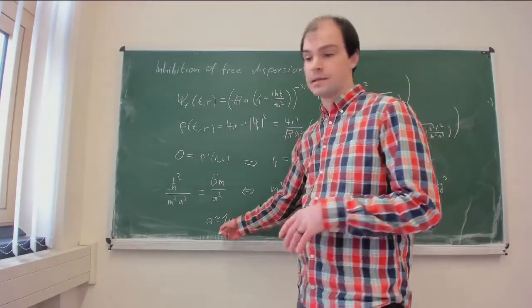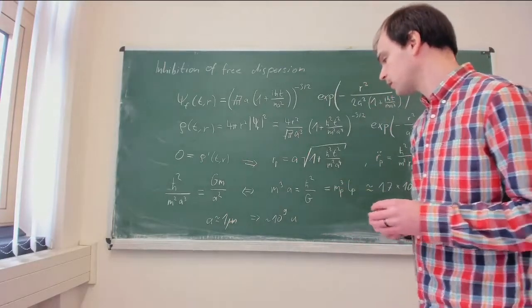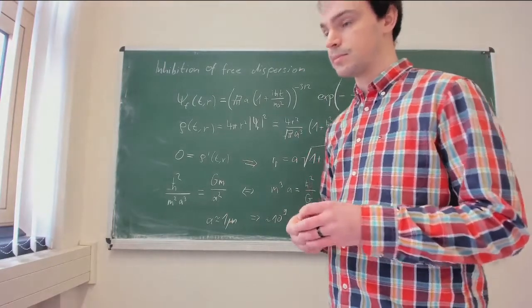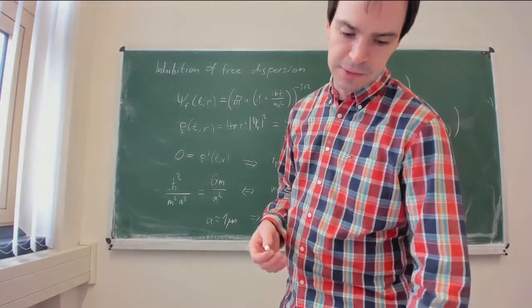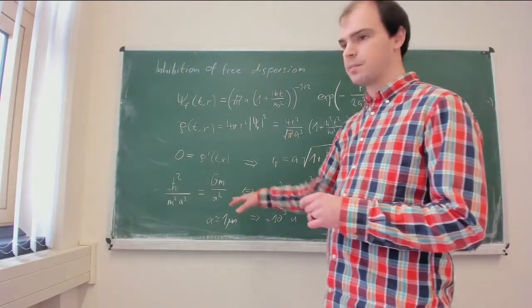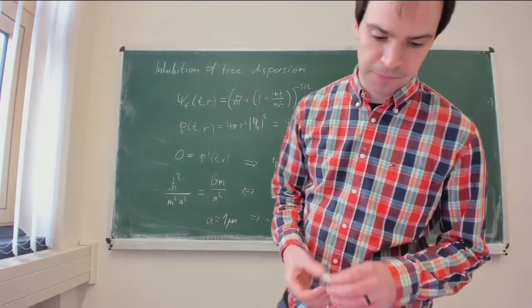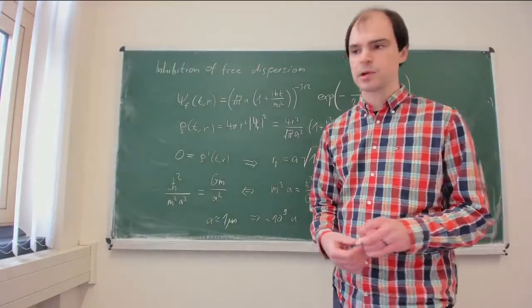And the experiments that are done are actually done with up to 10,000. So there are like 5 orders of magnitude basically between the masses we need and the masses we have in experiments. So this doesn't sound like it's super hard to get there.